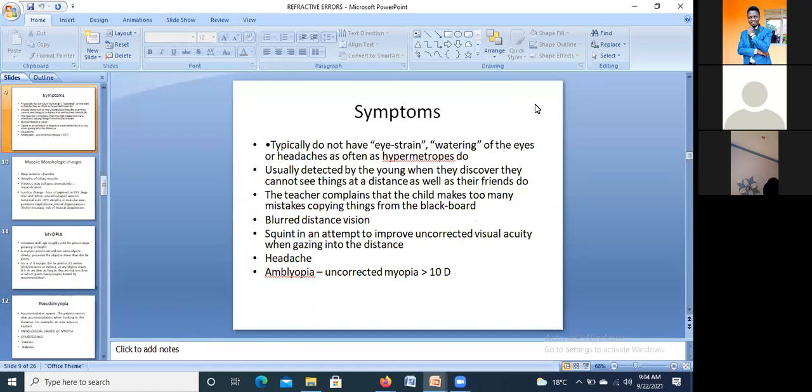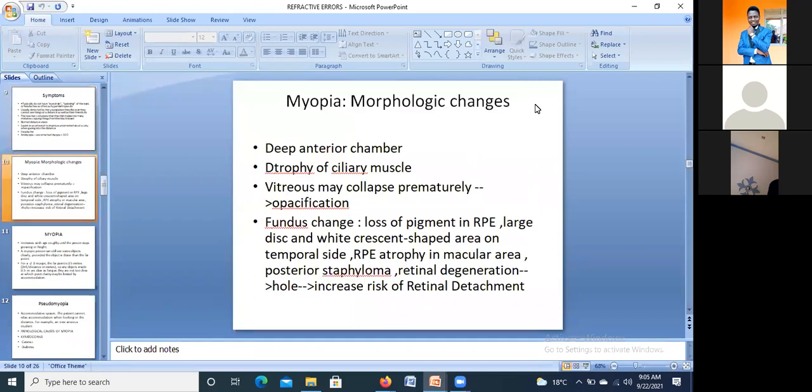For example, a teacher complains the child prefers to sit near the board because they are not seeing very well. Sometimes they may also squint. They squeeze the eye so that they try to see better in the distance. And eventually, if they are children, they may develop amblyopia.